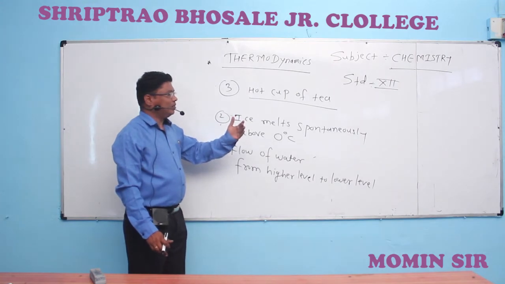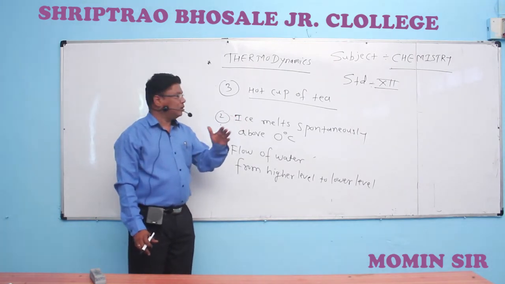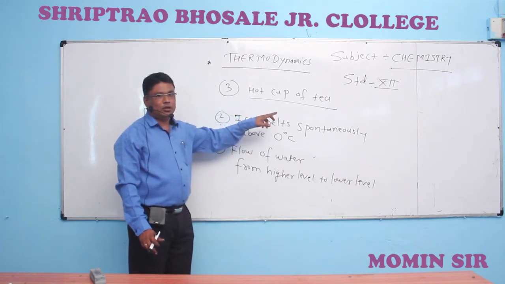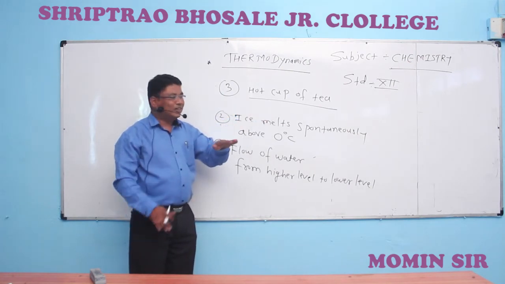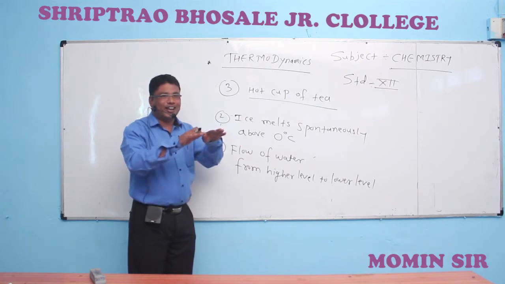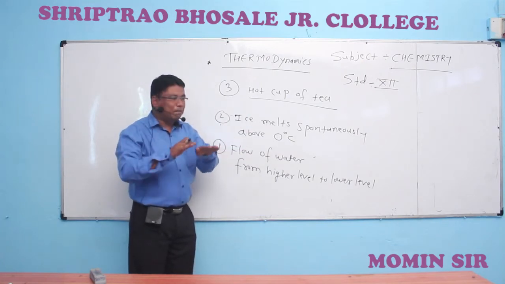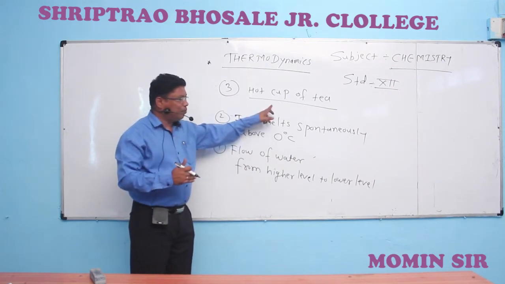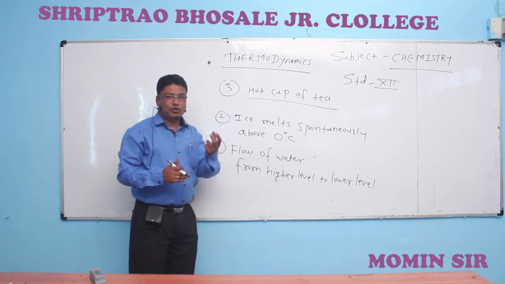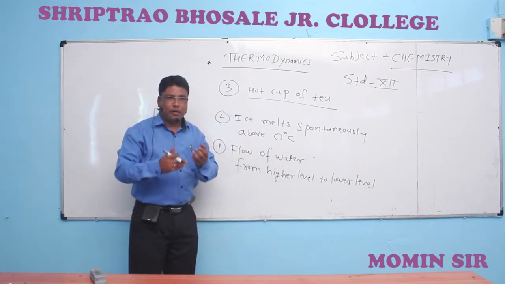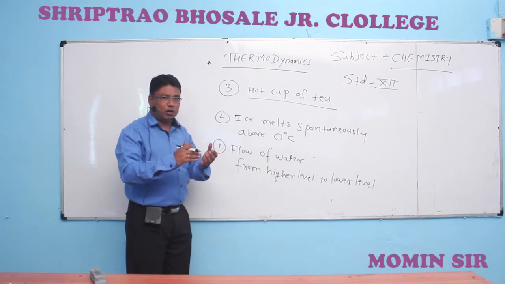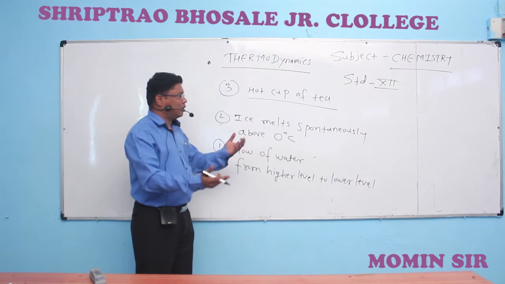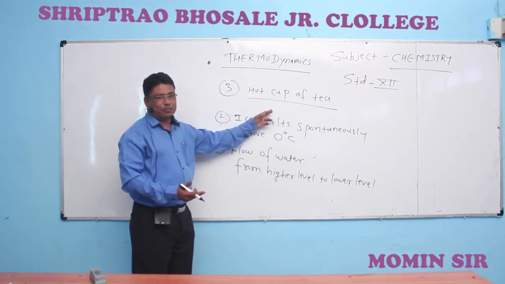After some time the hot cup of tea becomes cold, means the temperature of tea and temperature of surroundings becomes equal. Why? Because it loses energy in the form of heat to the surroundings. This is also a natural process.